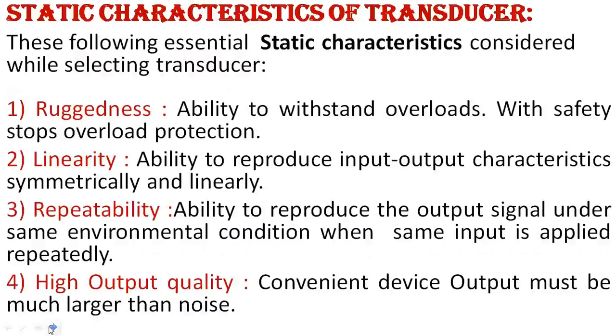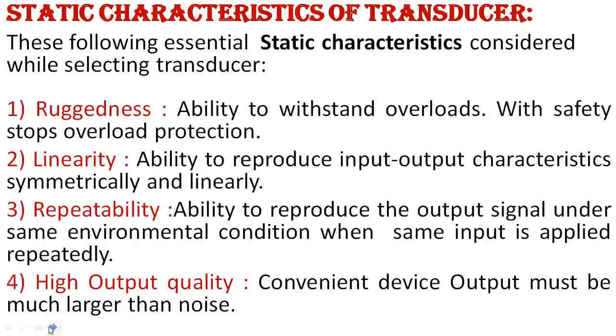So these are the static characteristics of the transducer. The following essential characteristics are considered for selecting a transducer for any specific application. The first one is ruggedness. It is the ability to withstand overloads with safety stops and overload protection.